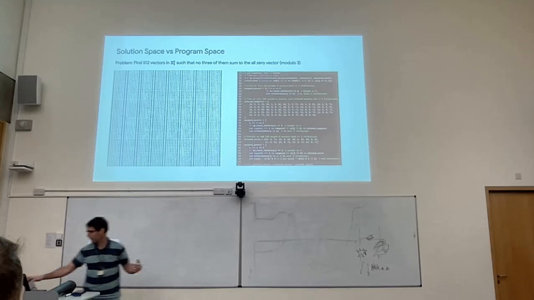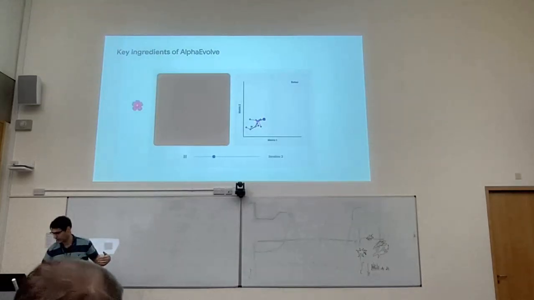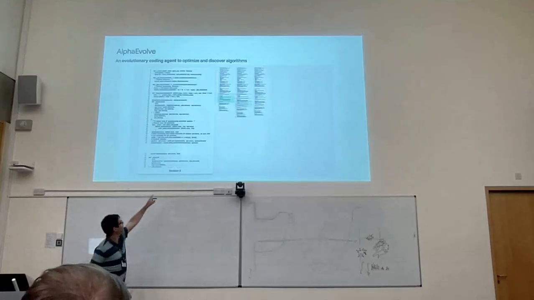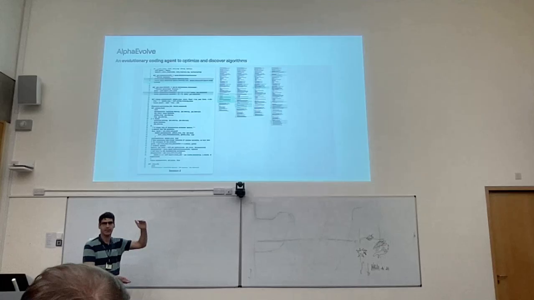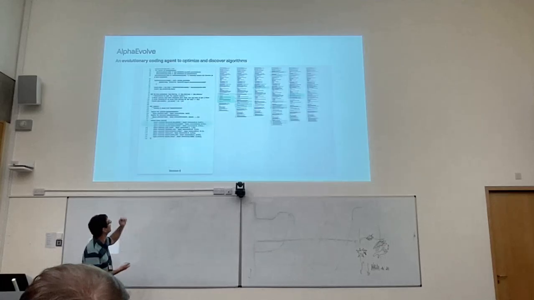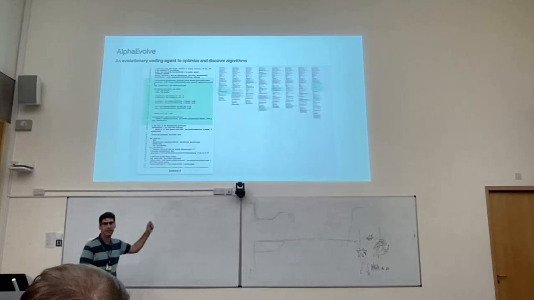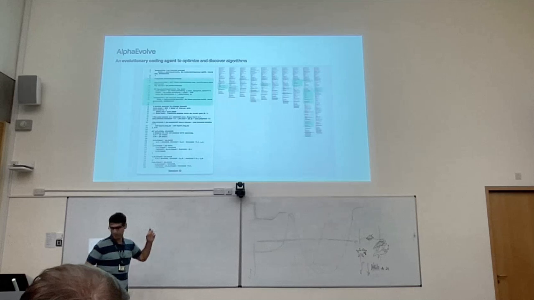In AlphaEvolve, the mutations look like this. At each iteration, you have some code which can be an entire file, not just a function. And then the language model decides which lines to delete and which lines to add and where. And it can be non-trivial.